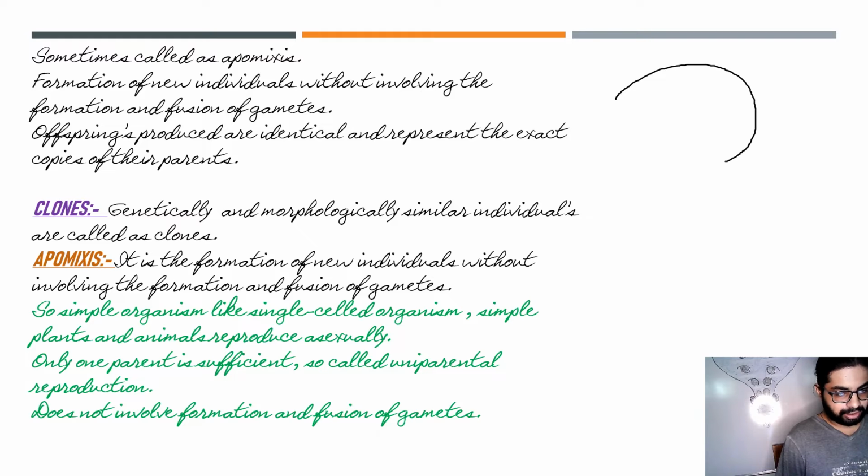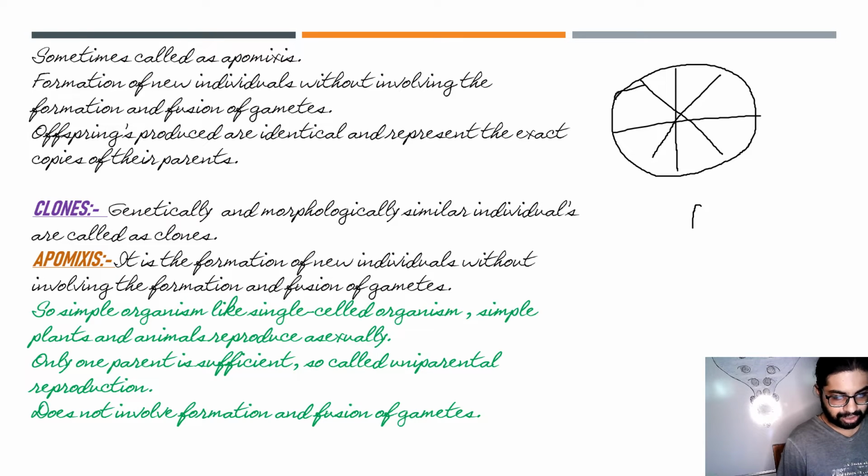If this is the parental body, this parental body divides equally, or divides in equal halves, and these individual halves are called the offspring, or in simple language, the babies of the parents.